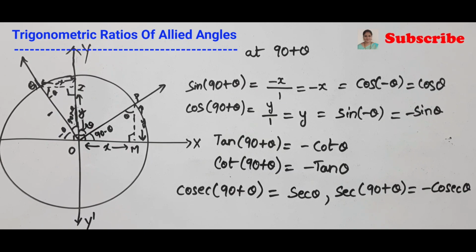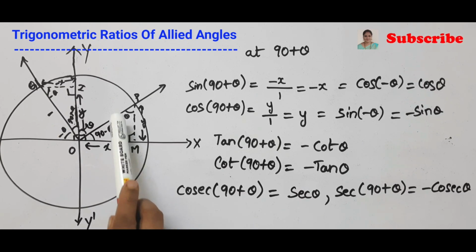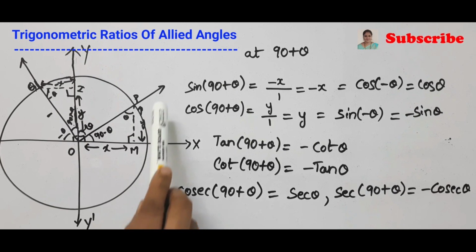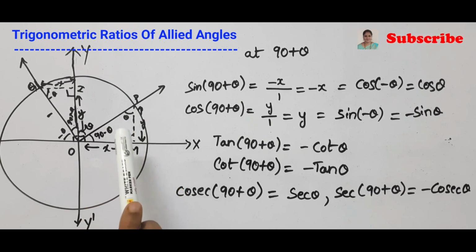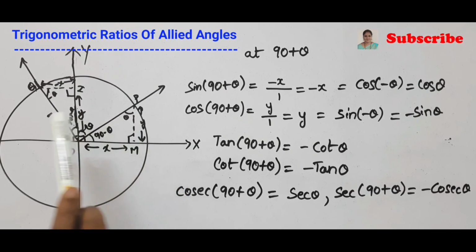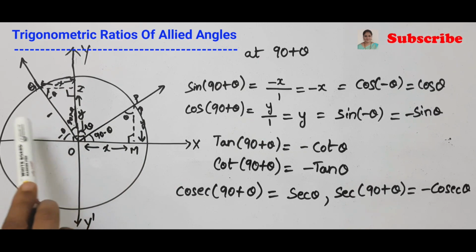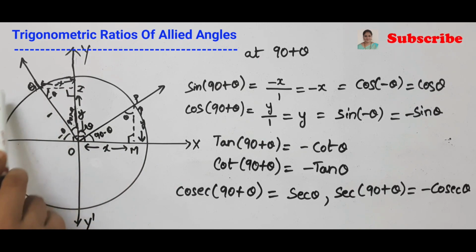So at 90 minus theta and 90 plus theta, there will be a change in the trigonometric ratios, and depending on which quadrant the angle is in, there is a change in the signs of those ratios. If 90 minus theta, it is in the first quadrant, so all the trigonometric ratios are positive, and there will be a change in trigonometric ratios. 90 plus theta is in the second quadrant.